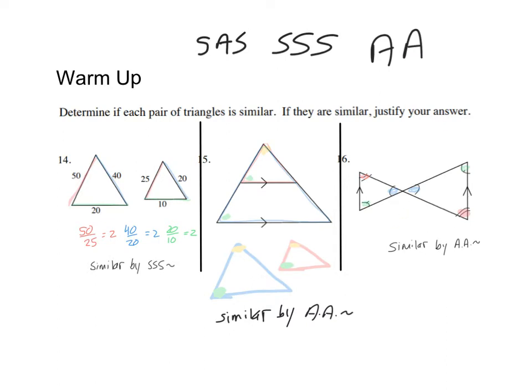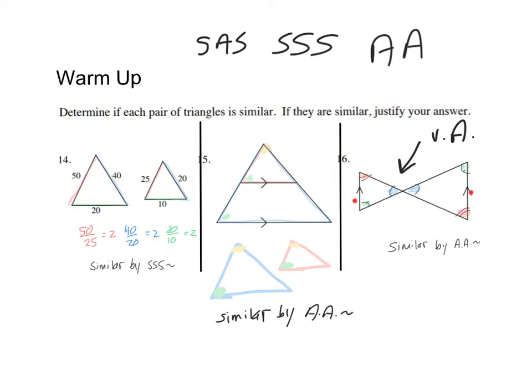Then on the last problem over here, we actually have 3 pairs of angles that are equal to one another. This pair right here in the middle, if you recall, are vertical angles. That's when two lines intersect, the angles across from each other are equal. And then again, we have this set of parallel lines here and here.